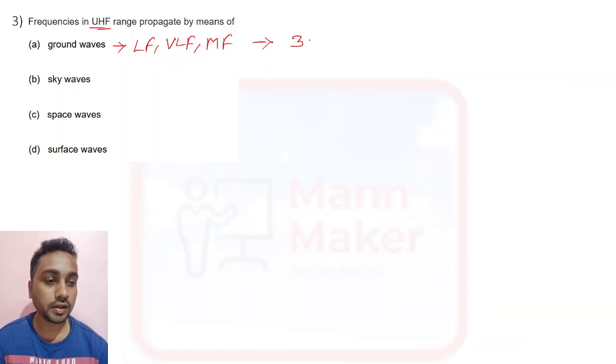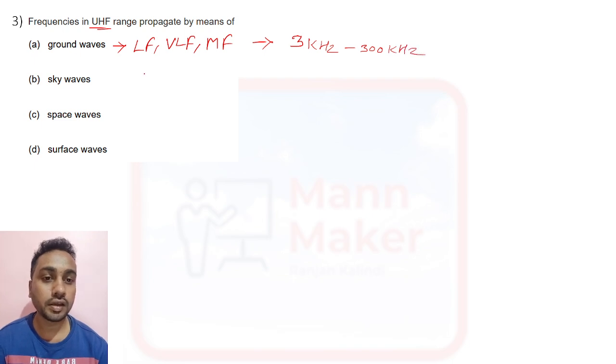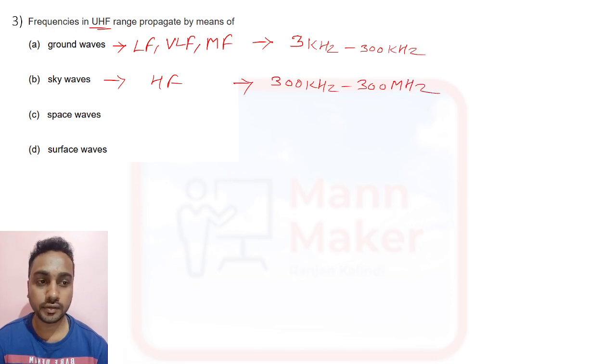So range will be around 3 kilohertz to 300 kilohertz. Okay. And skywave we are using high frequency, that is the range of 300 kilohertz to 300 megahertz. Okay.